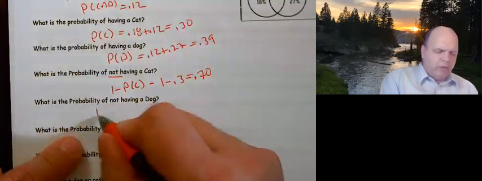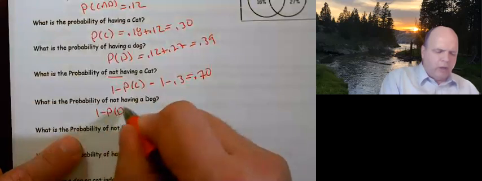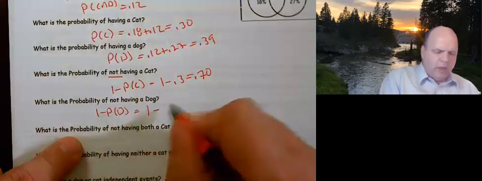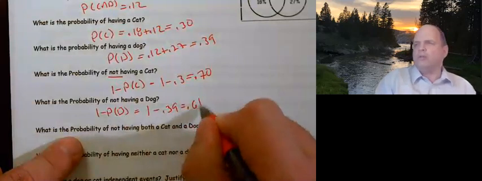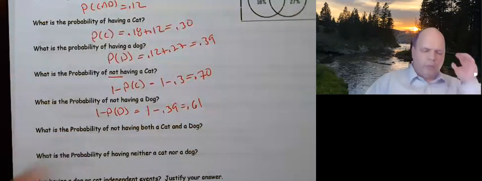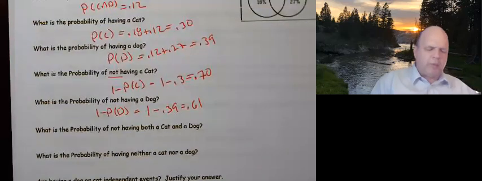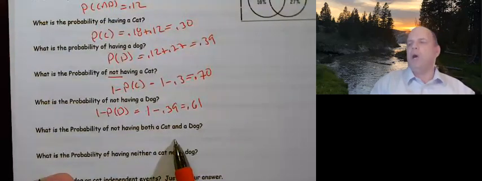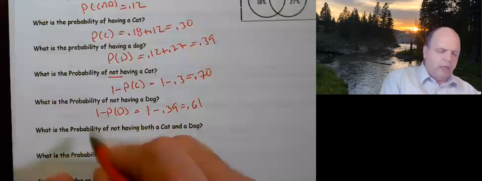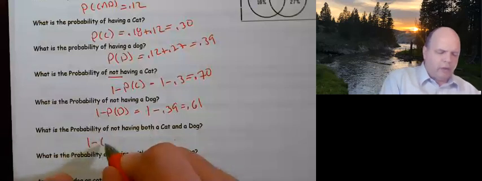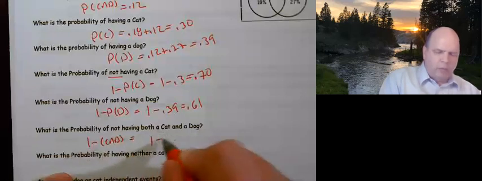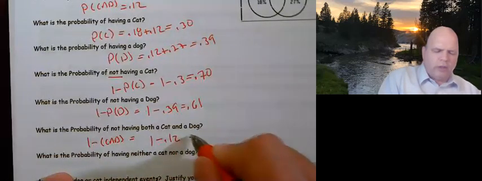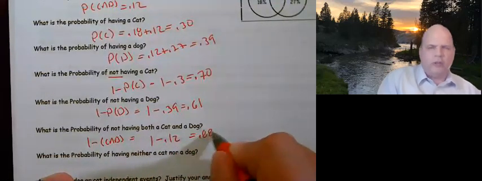That's 1 minus the probability of having a dog, which in this case is 1 minus 0.39, is 61%. What's the probability of not having both? That's 1 minus having cat and dog. So 1 minus 0.12. So there's an 88% chance that you don't have them both.